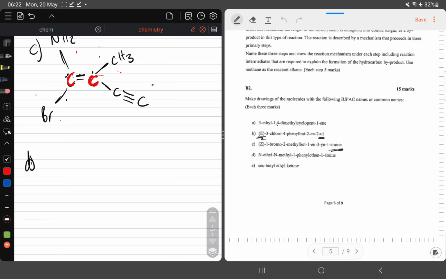Then D, we have a phenylethanamine. So ethanamine, it's 2 carbons, and on one of them, that's where we have an amine, NH2. Then phenyl is attached on position 1 again. So on position 1, we have a phenyl.